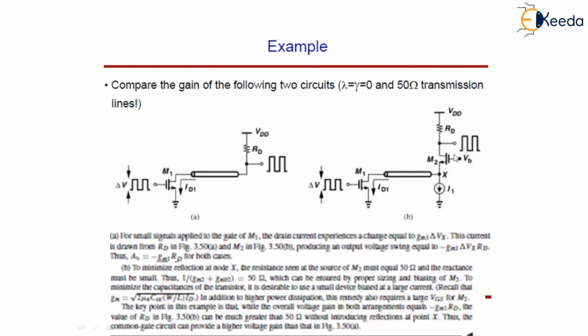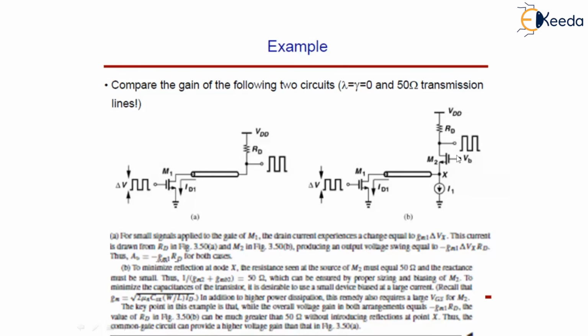So the key point is that the overall voltage gain in both arrangements is equal to minus gm1 RD. The value of RD in this particular case is much greater than 50 ohms.